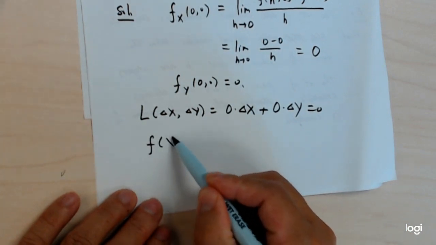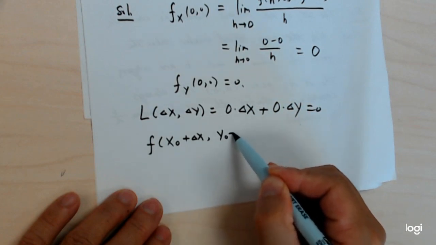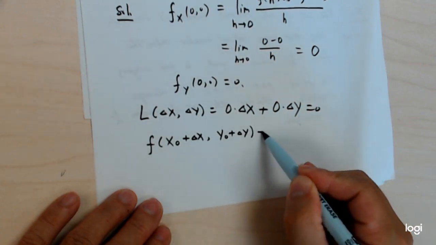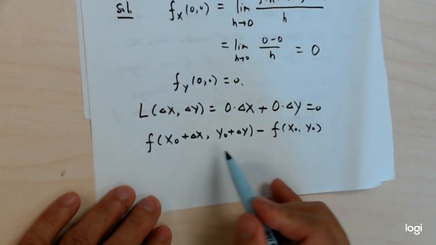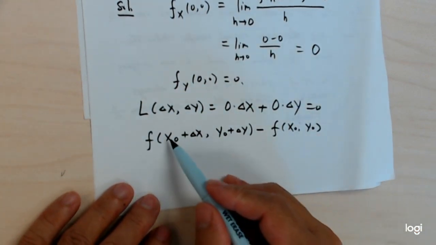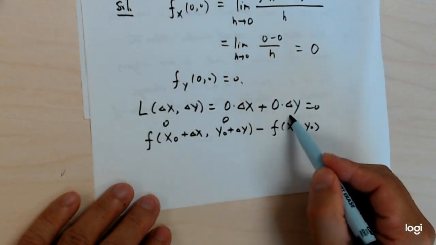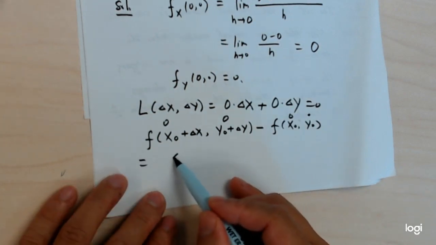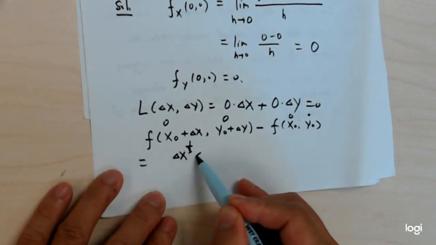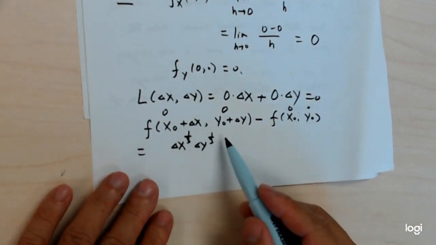And when you try to calculate this difference here, this is the actual error. Of course, x naught, y naught in this example are both zeros. So this is really delta x to the power of 1/3 times delta y to the 1/3, and back here is 0. So that's the error.